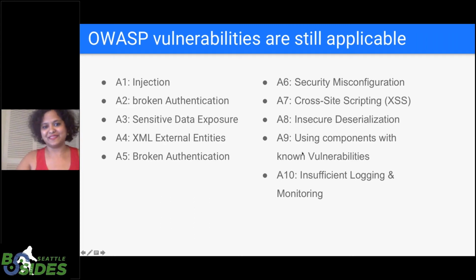What this means is, when the cloud service provider offers you the ability to write code fast and deploy fast, they don't necessarily offer you ways to take care of these vulnerabilities by default. So as a developer, you have to pay attention to all these vulnerabilities, and we are going to talk about some of these vulnerabilities shortly in detail.